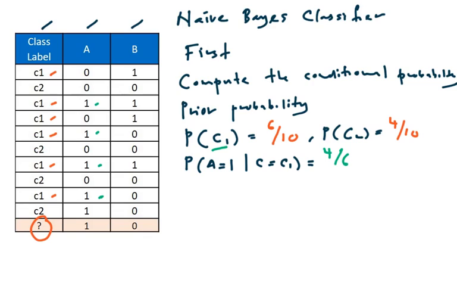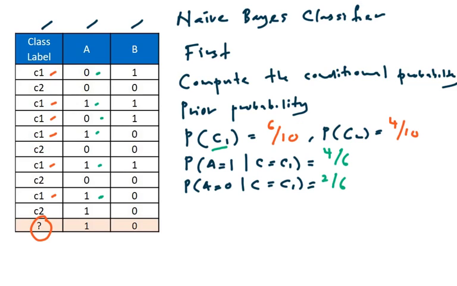Let's continue. Now we need to find the probability where A equals 0, given C equals C1. I think you know the remaining: 2 over 6. Why? For A equals 0 and C equals C1, we have this and we have this here; A equals 1 we don't count.